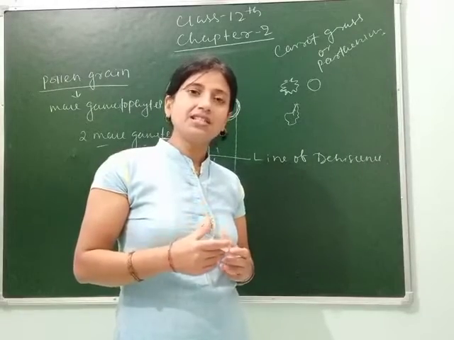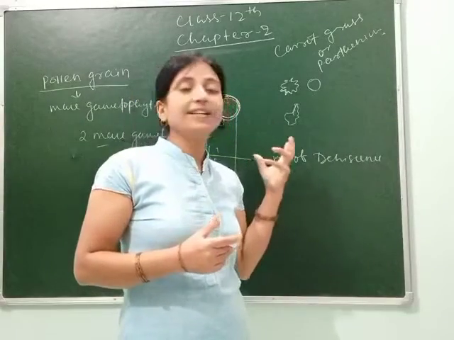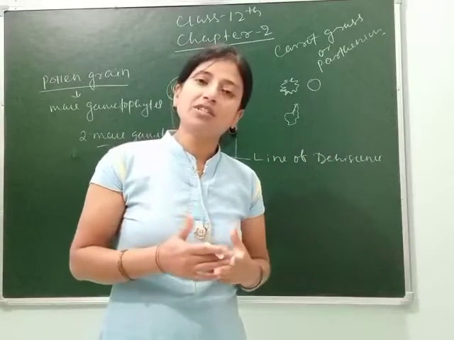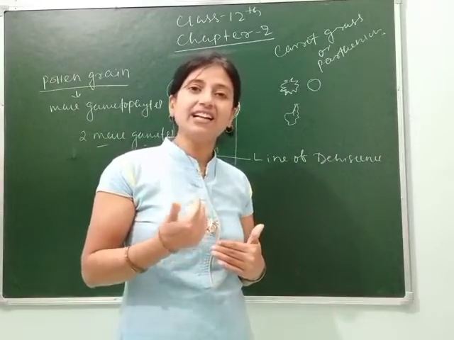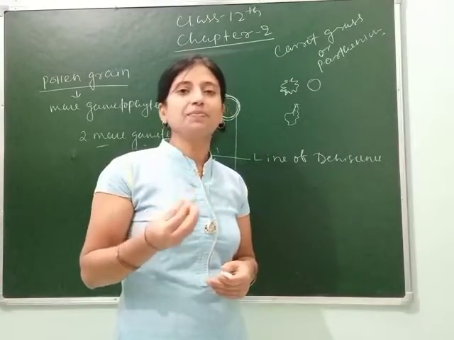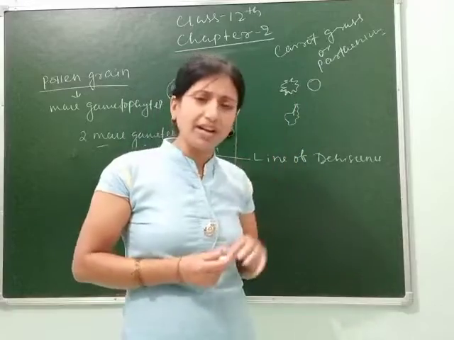Some persons can't tolerate pollen allergy. That's why they show allergic responses like sneezing and coughing. That's why some are advised not to smell the flowers. So this is about pollen grain.